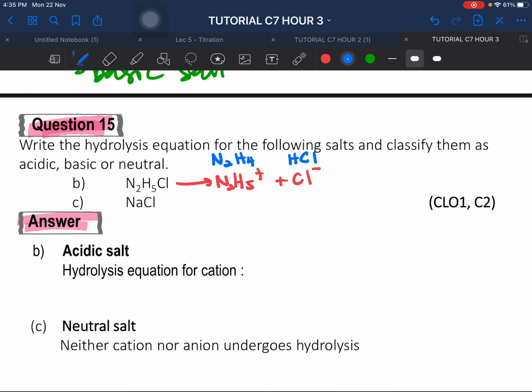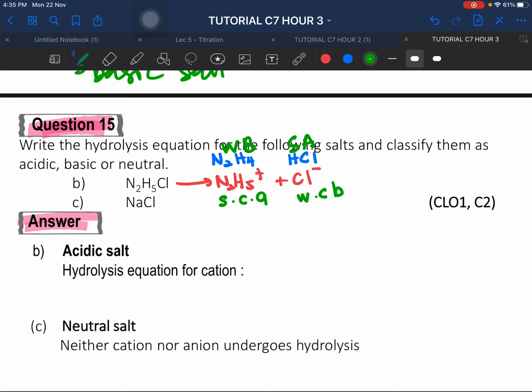To determine which species hydrolyzes water, let's identify. This is weak base, so it will form strong conjugate acid. HCl is strong acid, and it will form Cl minus as weak conjugate base.